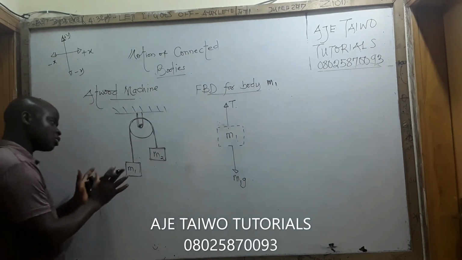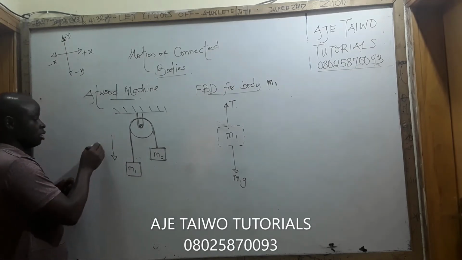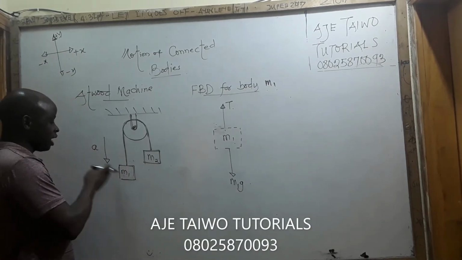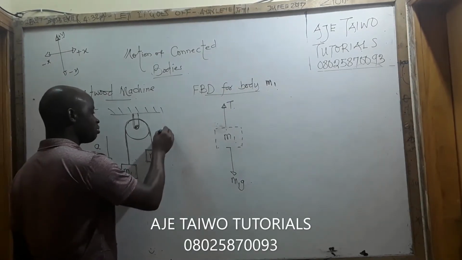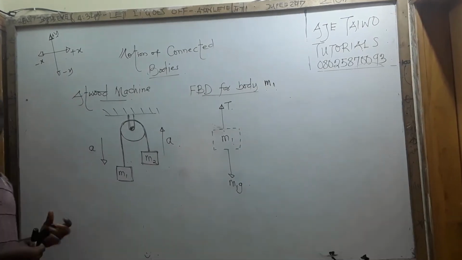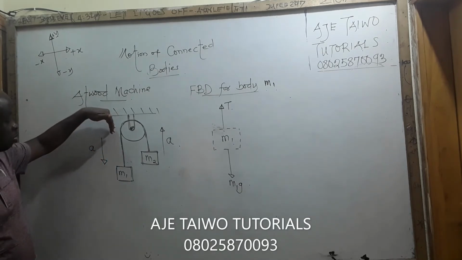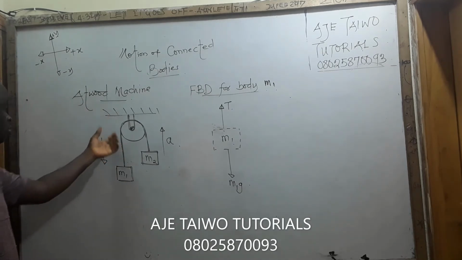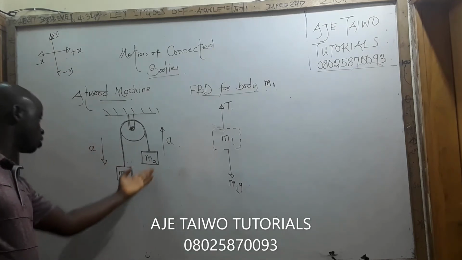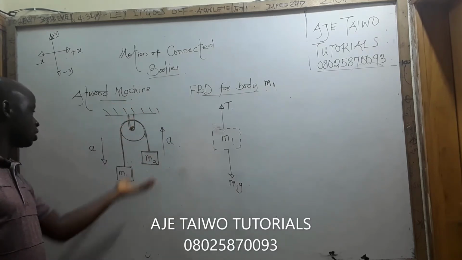So let's assume this body is going down with acceleration A. It's an assumption for this to come down. And as it comes down, it will drag this up.